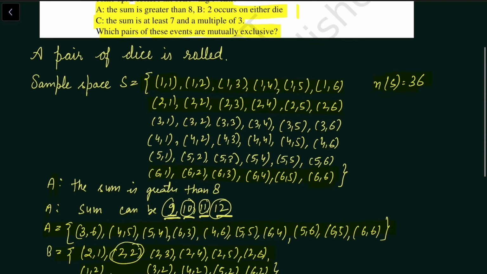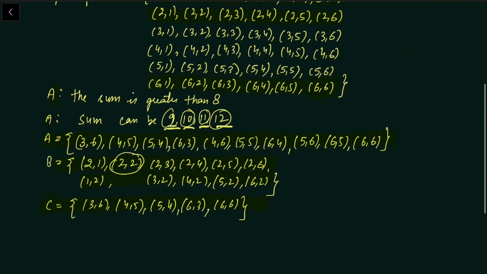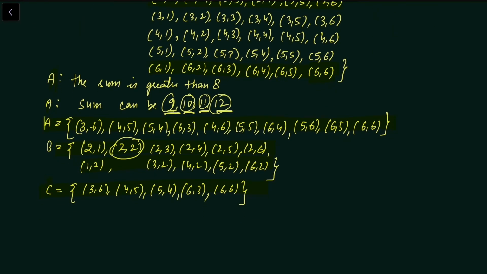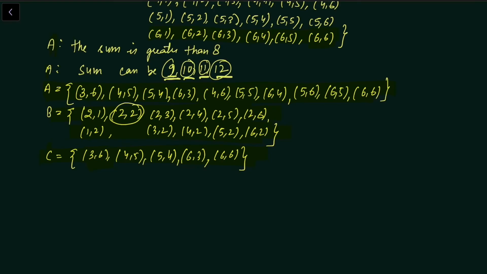Now we have to check which pairs are mutually exclusive. See, A and B, we do not have any single outcome common. So A intersection B is equal to phi. So we can say A and B are mutually exclusive.